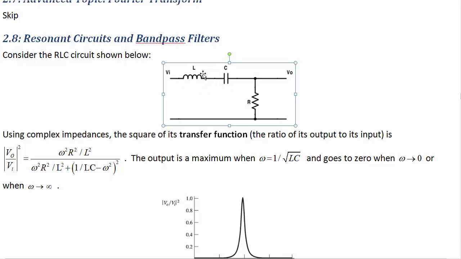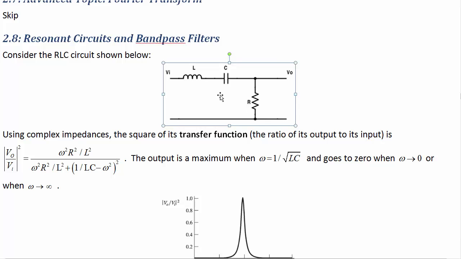It goes right through the inductor like it's nothing, and then is completely stopped by the capacitor in the long run, so that there's no voltage that shows up on the output. At very high frequency, the opposite happens: the capacitor is like a short, but the inductor stops any high frequency signal from going through it. In other words, it carries all the voltage across itself, meaning there's no voltage on the output.